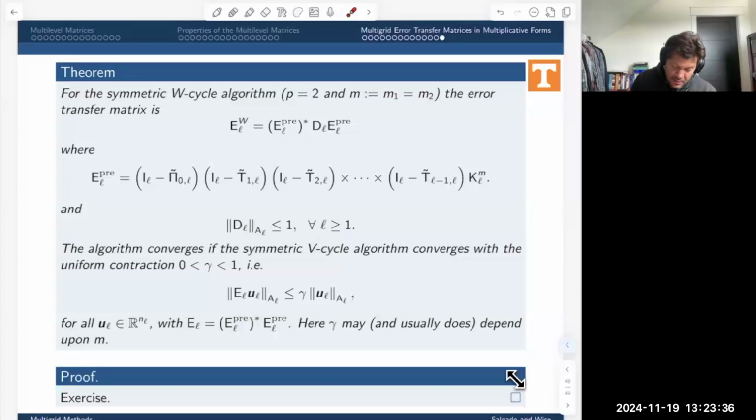I think the rate is going to be the same, in fact, for the W cycle. So I'm going to make a conjecture that I want you to check when you go through this problem. Is it true that the contraction is something like this? I'll put a question mark here.